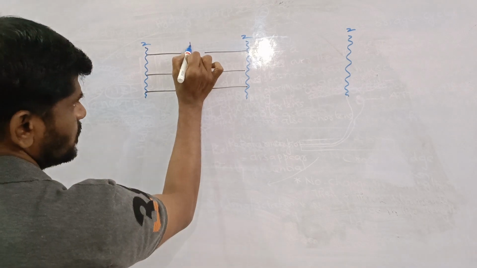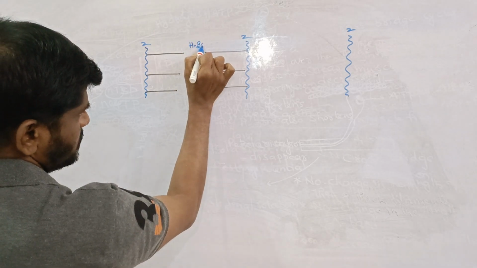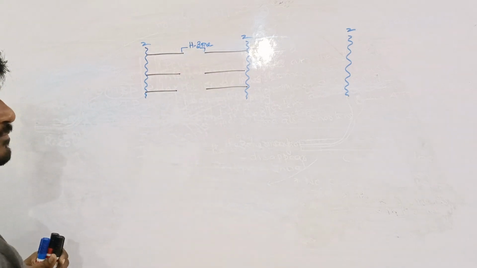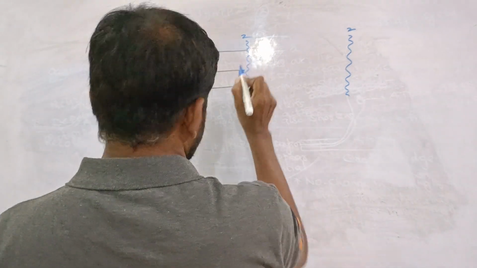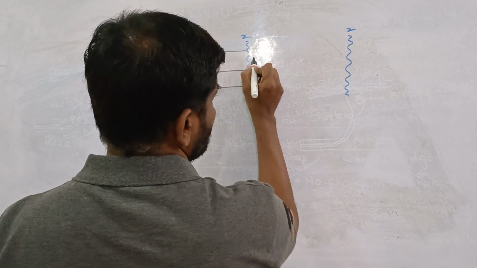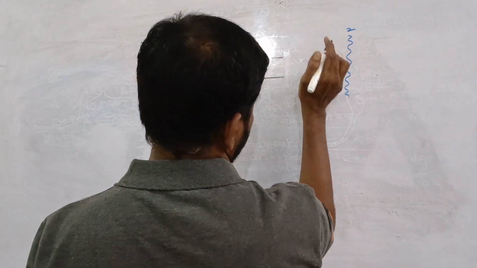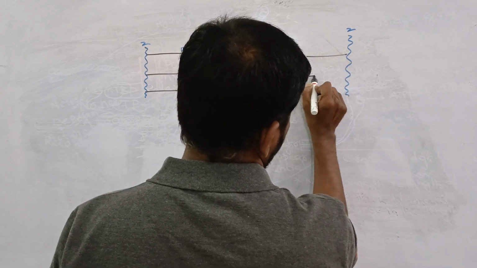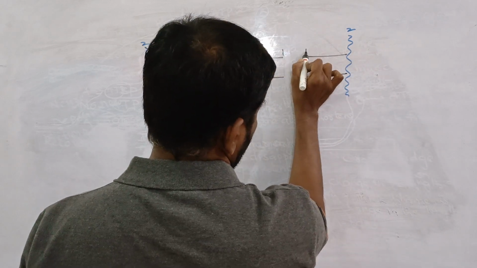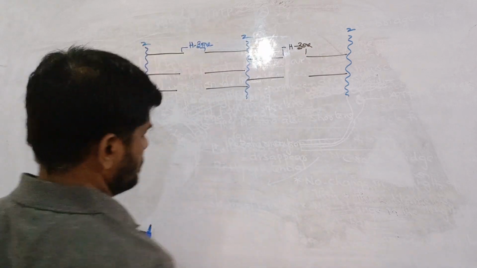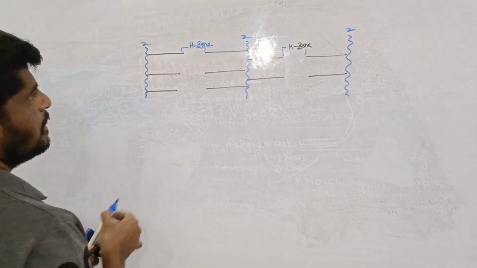This is the H zone now. This is the H zone. And these are thin filaments. You see this?